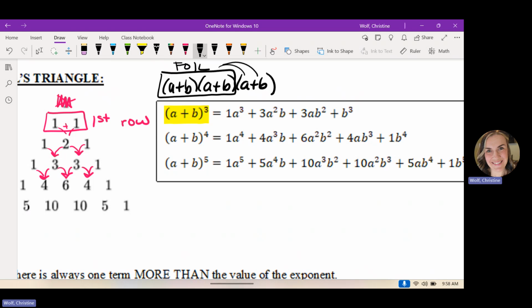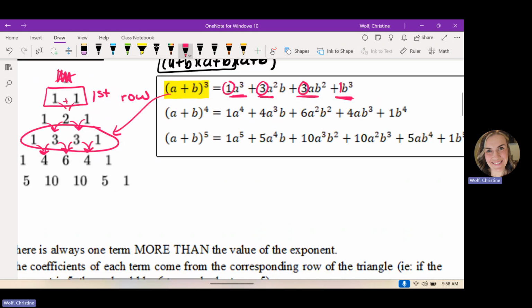What Pascal's triangle does for us is it spells out what the answer is going to be. You'll notice if I take a plus b cubed, it will result in 4 terms, and the coefficients 1, 3, 3, 1 correspond with a row of Pascal's triangle.